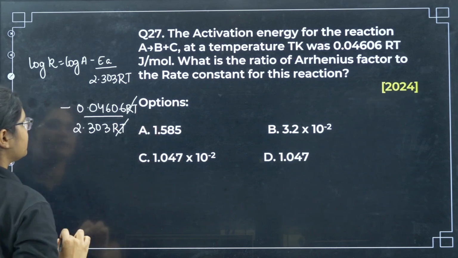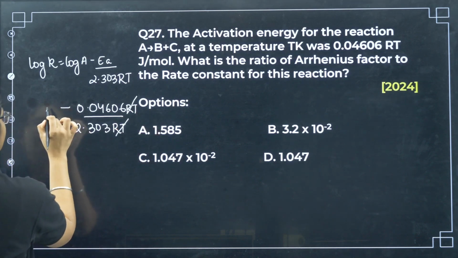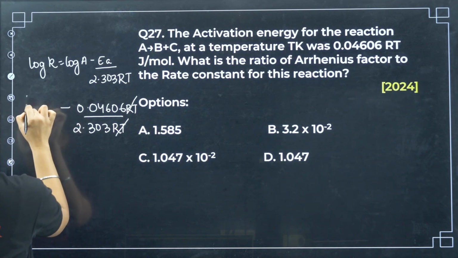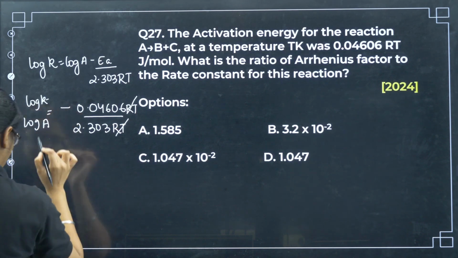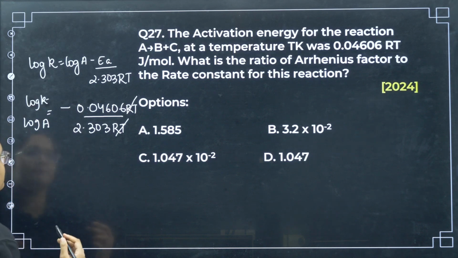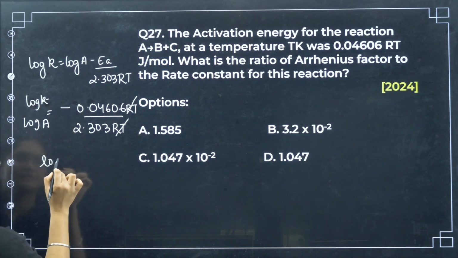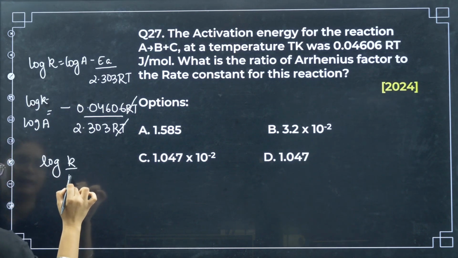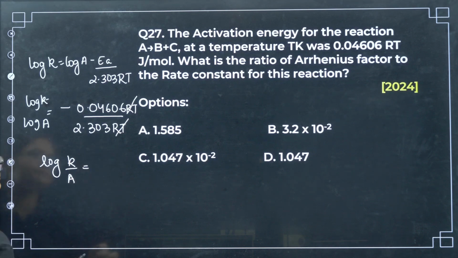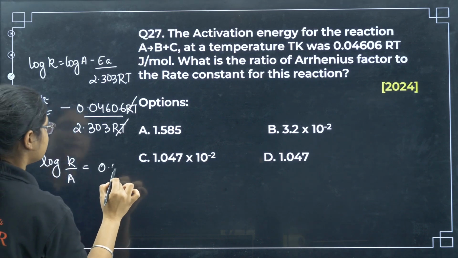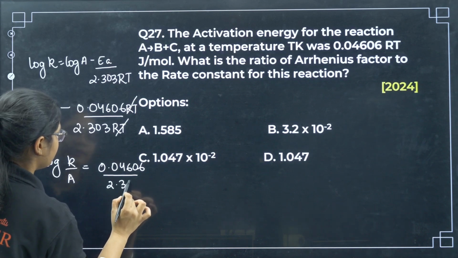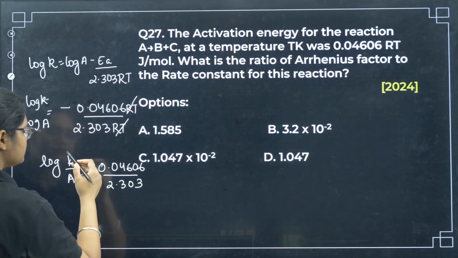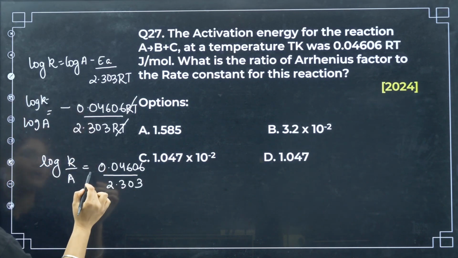So RT will get cancelled, and this side I have log K minus log A. So I can write this as log K by A is equal to 0.04606 divided by 2.303, with a minus sign.